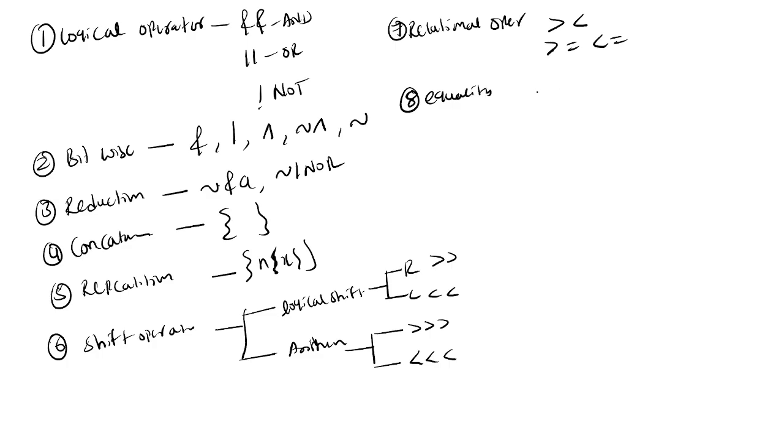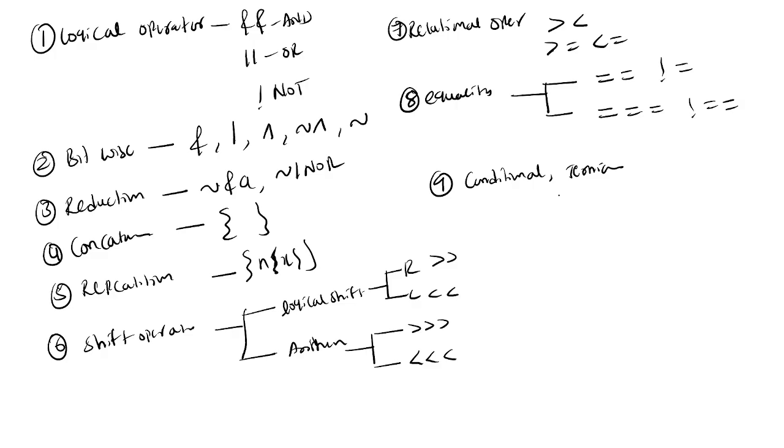What are the equality operators? Logical equality, which is equality and not equality, and case equality and case not equality, where we saw the difference. Then the conditional operator, or ternary operator, whose syntax we already saw: expression, true expression, false expression.